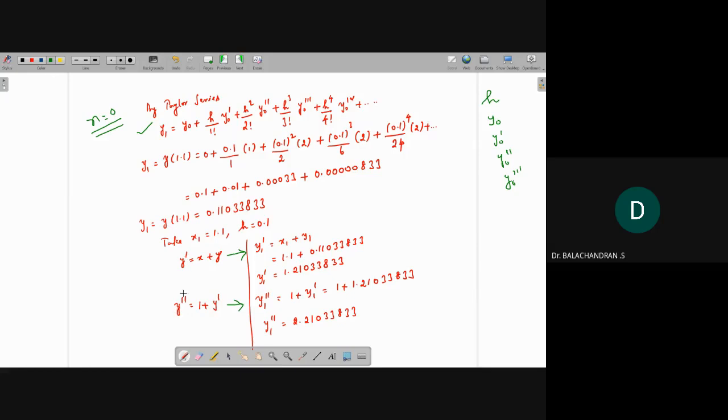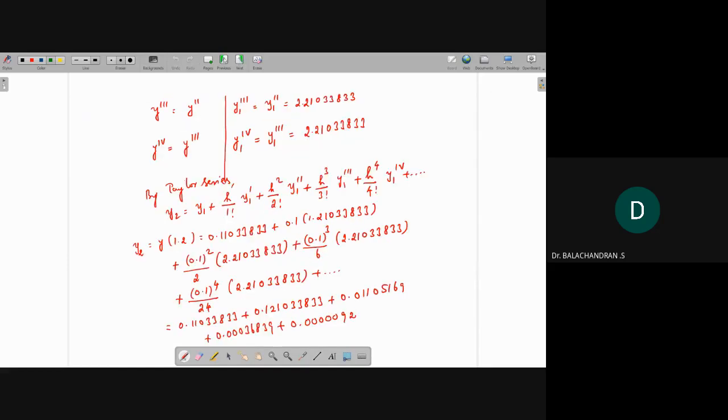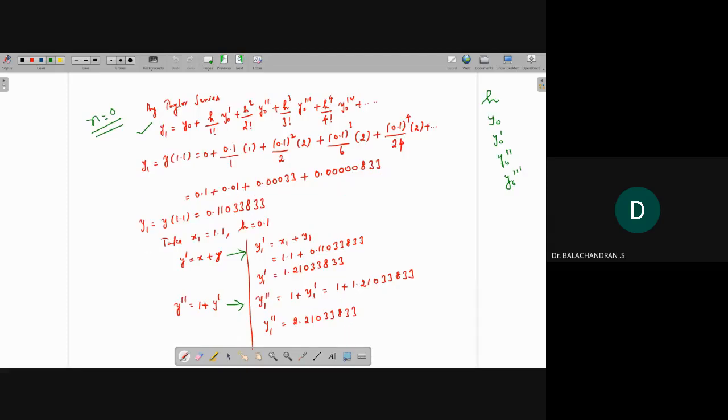Similarly, y double dash is equal to 1 plus y dash, so y1 double dash is equal to 1 plus y1 dash, that is 1 plus 1.21033833. So you need to add. The procedure is very similar.